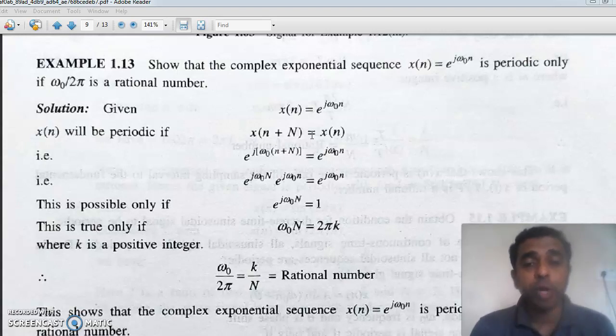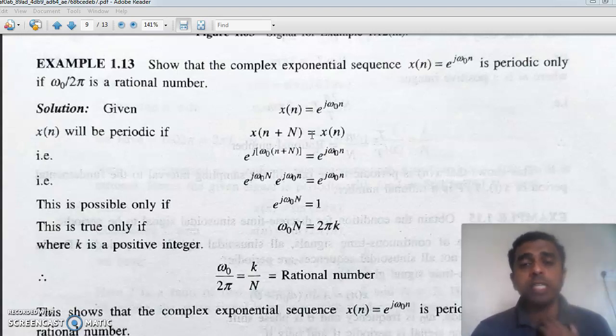That signal is periodic only if the ratio T1 by T2 is a rational number. Rational number in the sense that numerator as well as denominator should be integers. So if that is a rational number, then the composite signal also is periodic. And how to find the period of the composite signal? Take the LCM of T1 and T2, and you'll get the fundamental period of the composite signal.